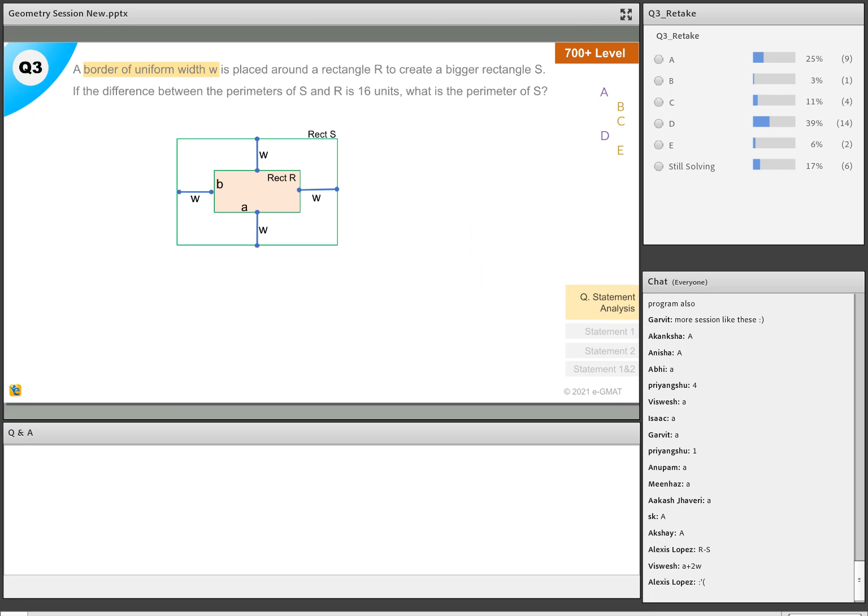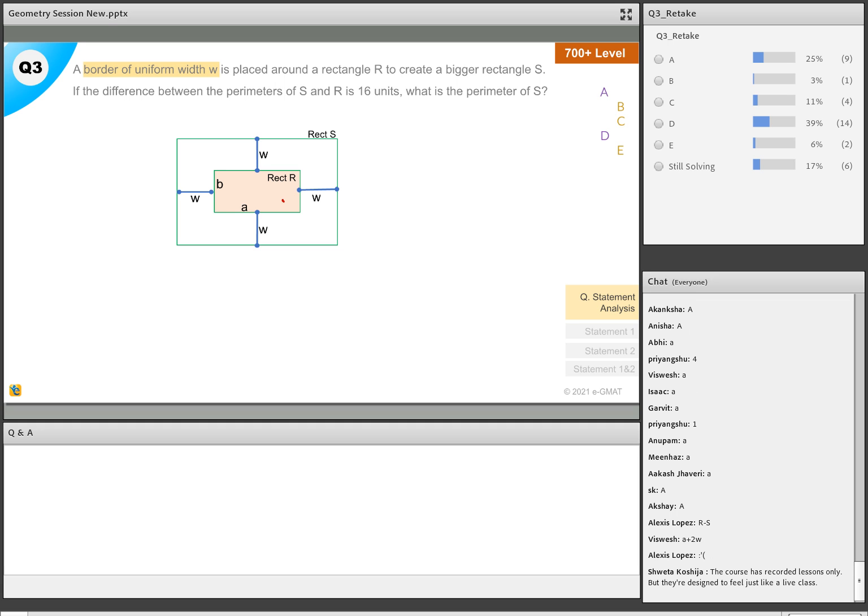So this is rectangle R for you with length A with B, and that's rectangle S for you, which is created after you've included a border of W units from the edge of the first rectangle.